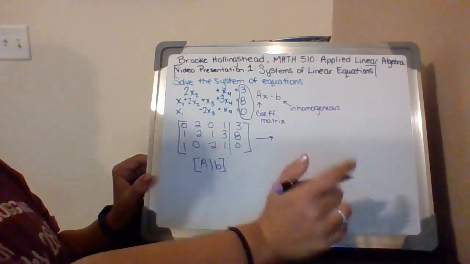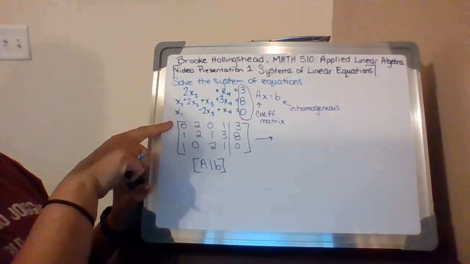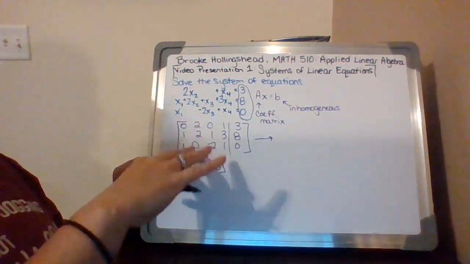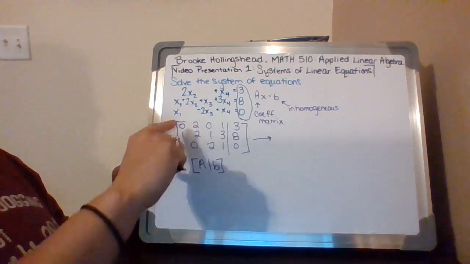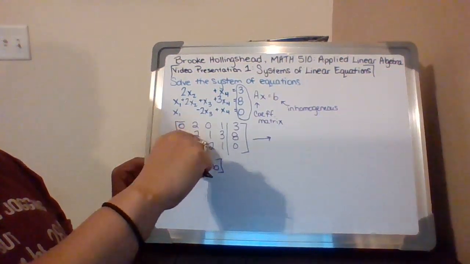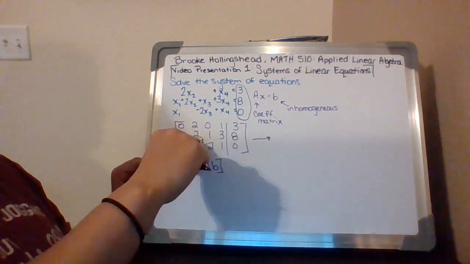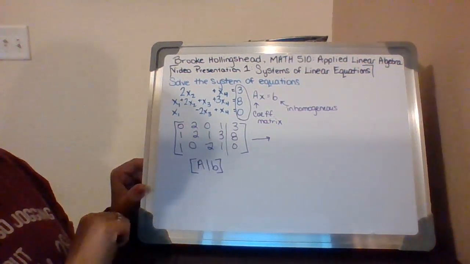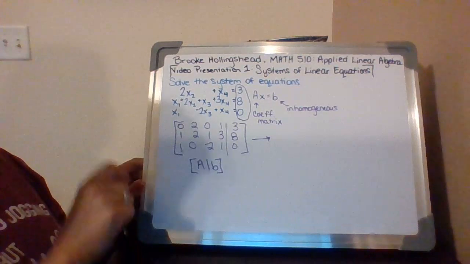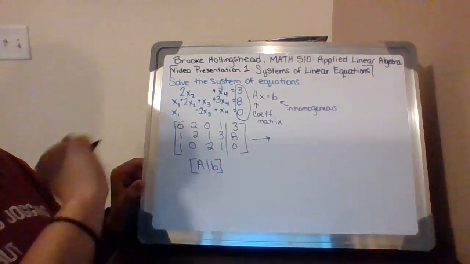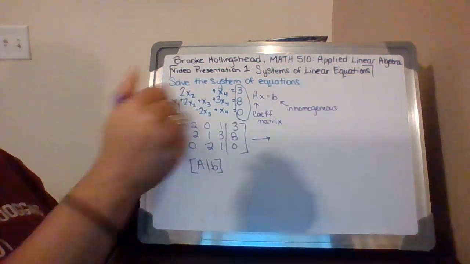I think about this like reading: we start at the top left of the page and work our way down and to the right. I want my leading terms, my first non-zero terms, to be 1s eventually, and everything below and above them to be 0s.